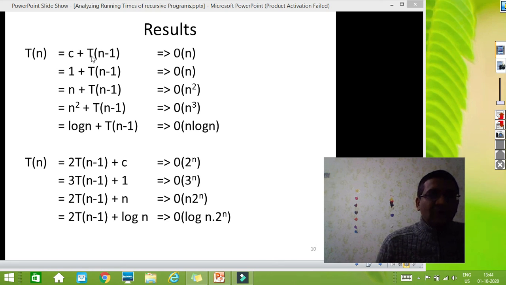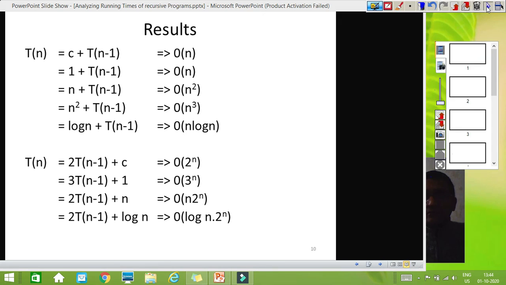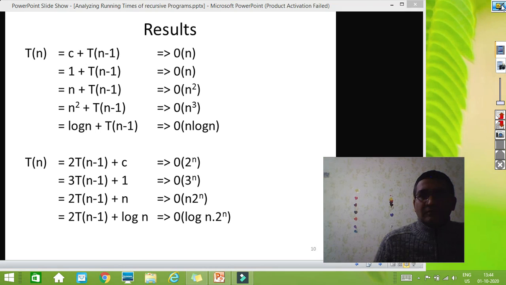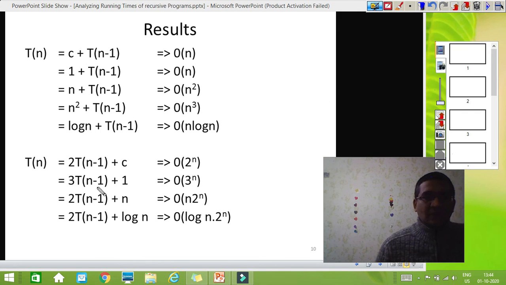Similarly, if you look here, we have no multiple factor with the t. Now if you have a multiple factor like 2 or 3 associated with the recursive term, then your answer will be in this form.